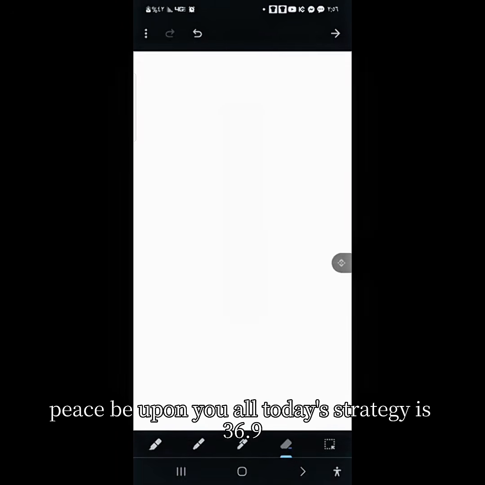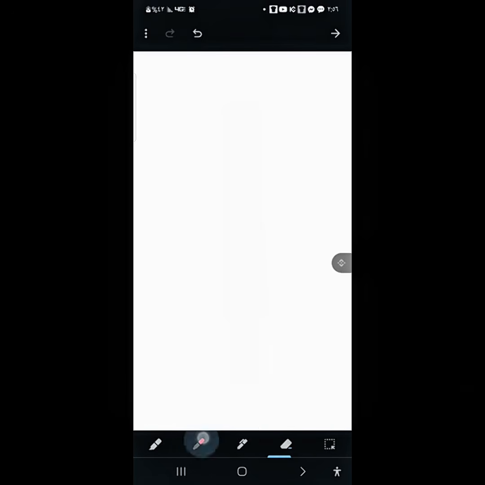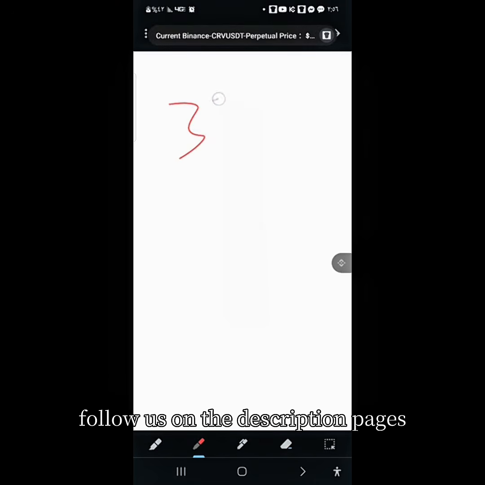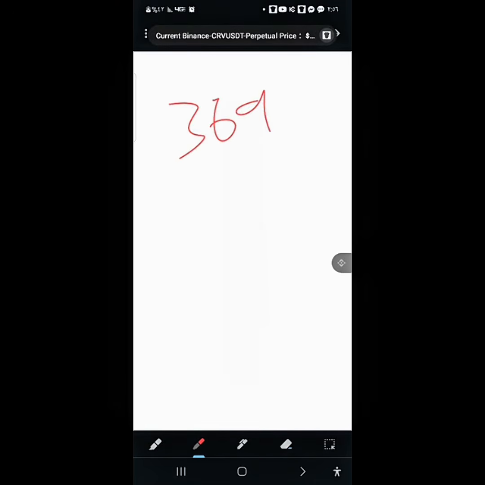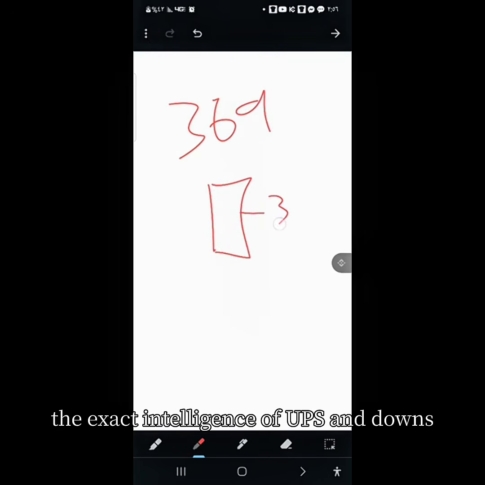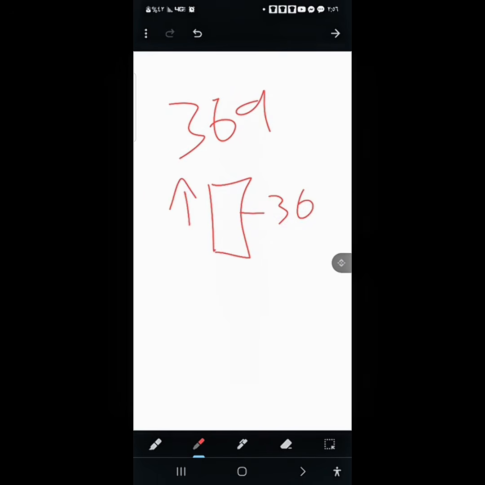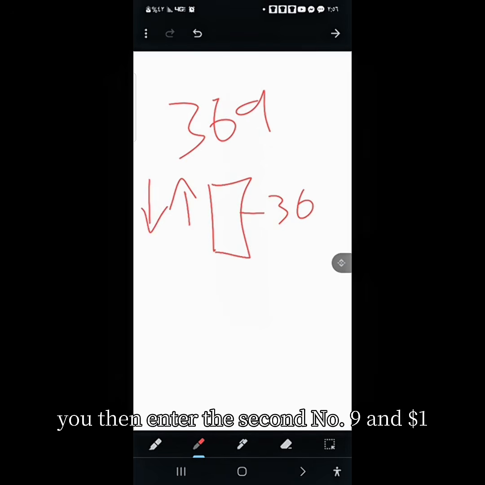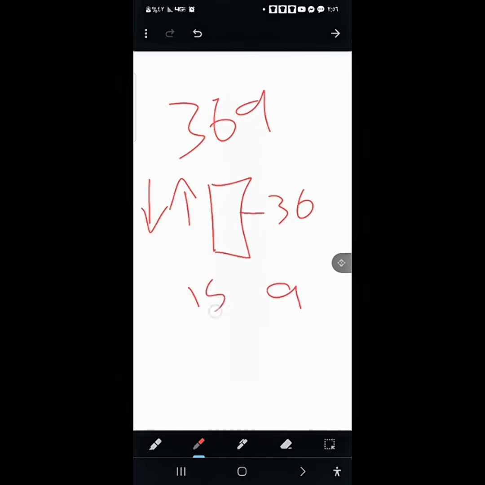Today's strategy is 36.9. Follow us on the description pages. The exact intelligence of ups and downs. If there is a rise or fall, you then enter the second number, 9 and $1.